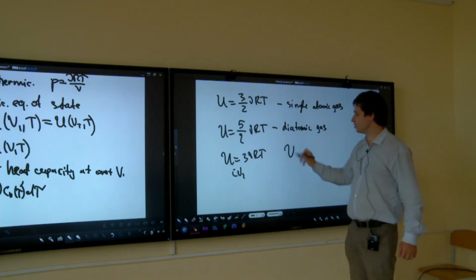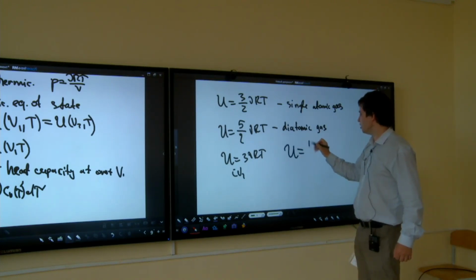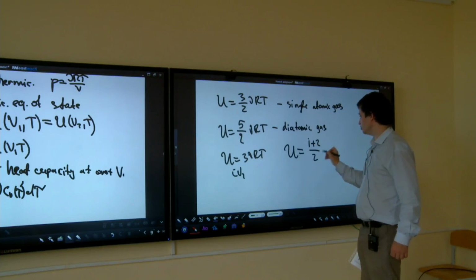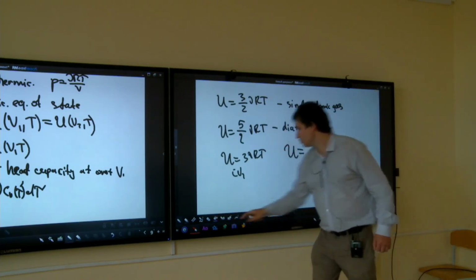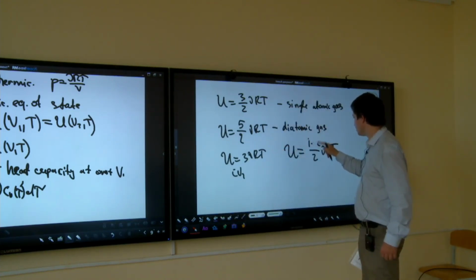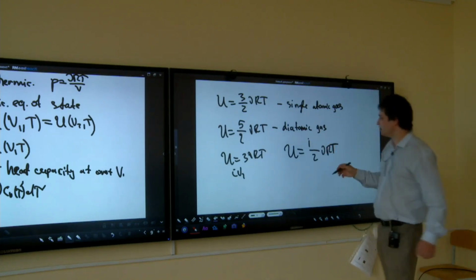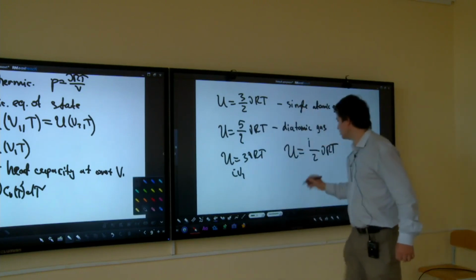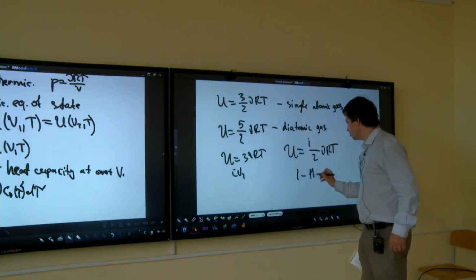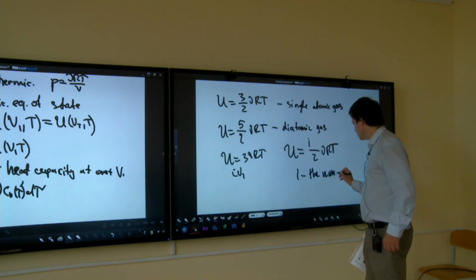Sometimes this equation is written as follows: I over 2 times nu RT, where I is the number of degrees of freedom.